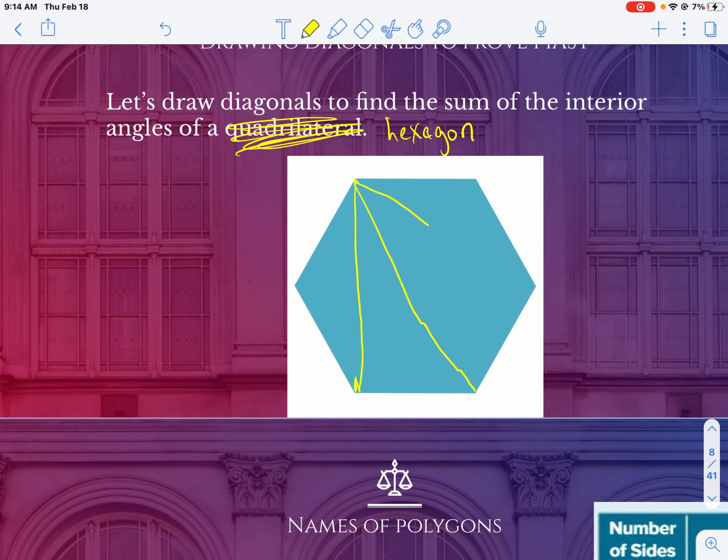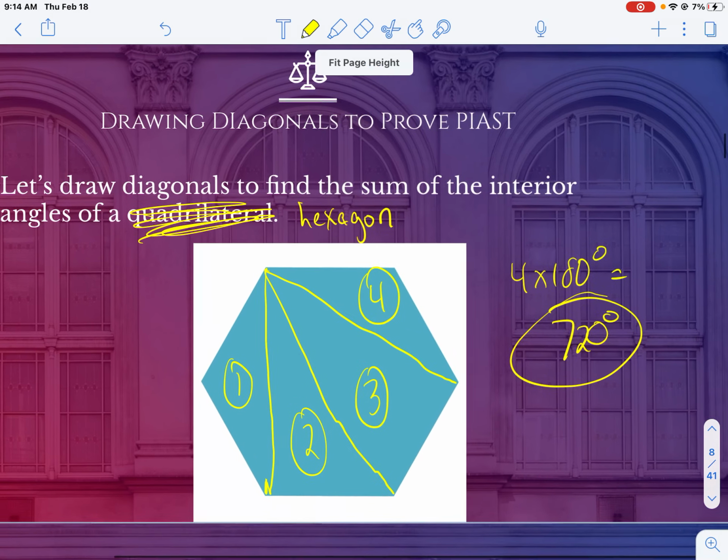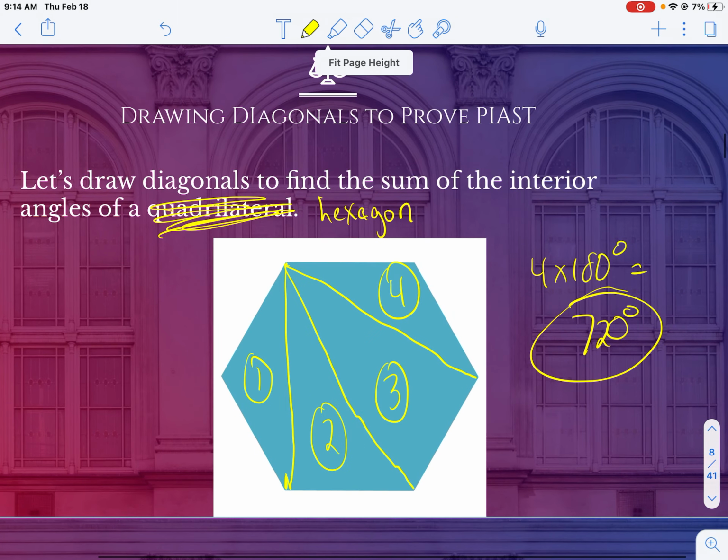And I'll draw one over here. So I have 1, 2, 3, 4 triangles. 4 triangles at 180 apiece is 720 degrees. So we have 720 degrees as the sum of the interior angles of a hexagon. So that's a way to use diagonals to prove it.